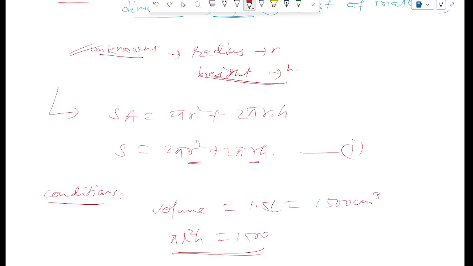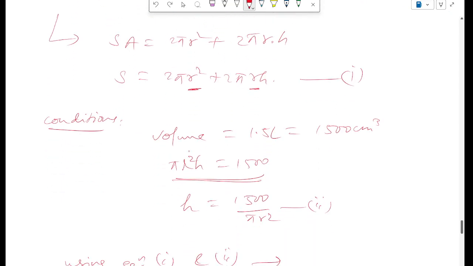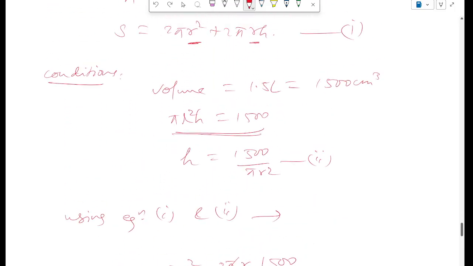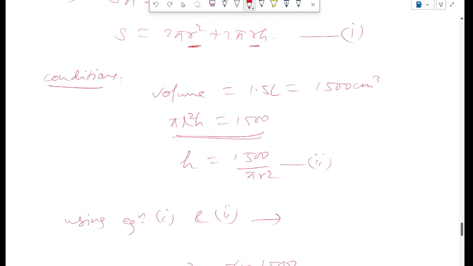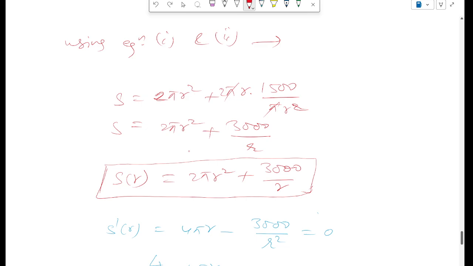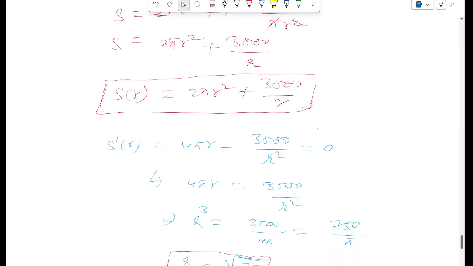Now after that we manipulated these variables to make it a function of a single variable using the condition that was given, that total volume should not exceed 1500 centimeter cube, and using that we found surface area in terms of a single variable, R only, and then this is simply a function of a single variable that we needed to minimize.